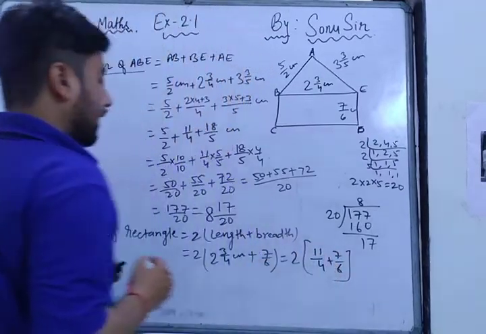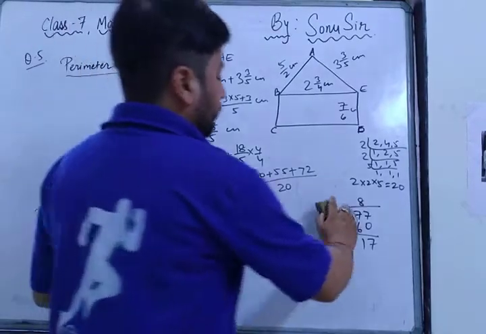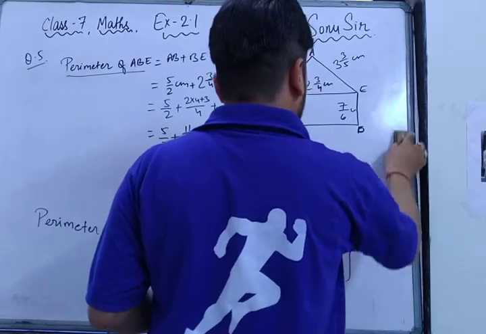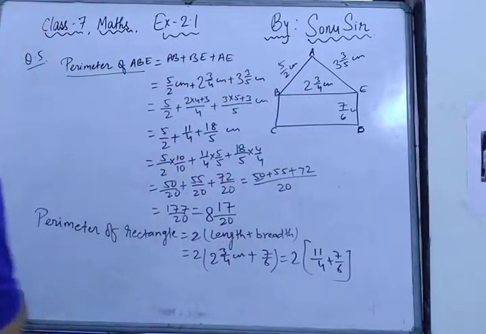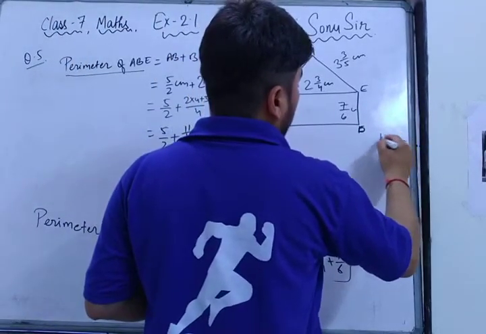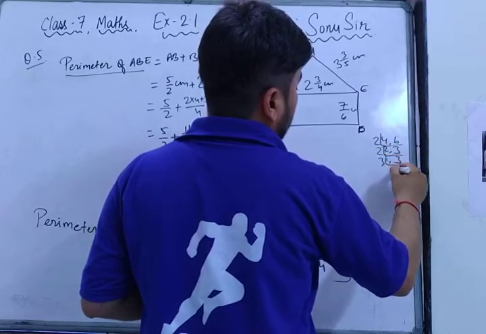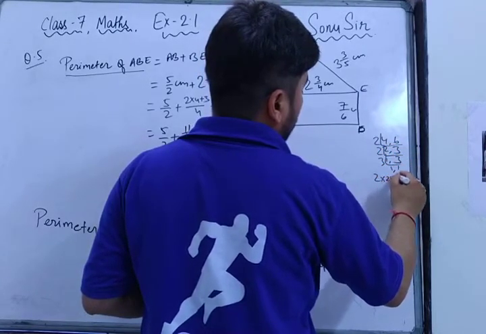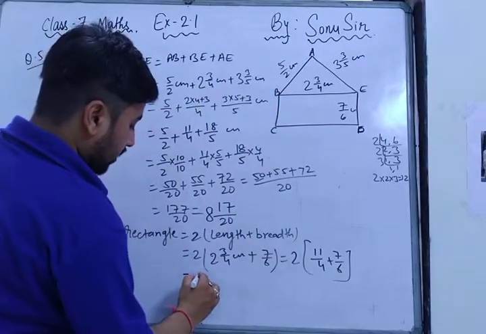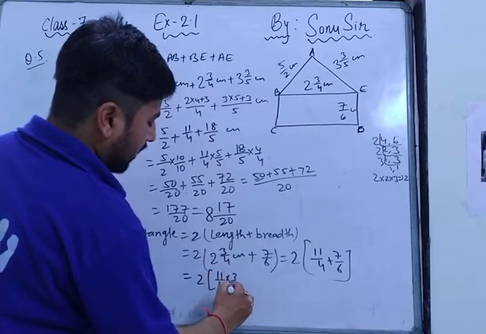Now you have to find the LCM of 4 and 6. I hope it will be 12. The LCM of 4 and 6 you can find here: 2 twos are 4, 2 threes are 6, then 2 ones are 2, 3 ones are 3. So 2 into 2 into 3, 2 twos are 4, 4 threes are 12. To change 11 by 4, 4 threes are 12, so up and down multiply by 3.